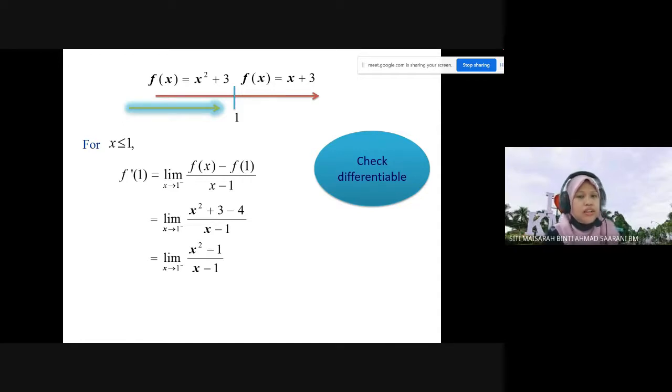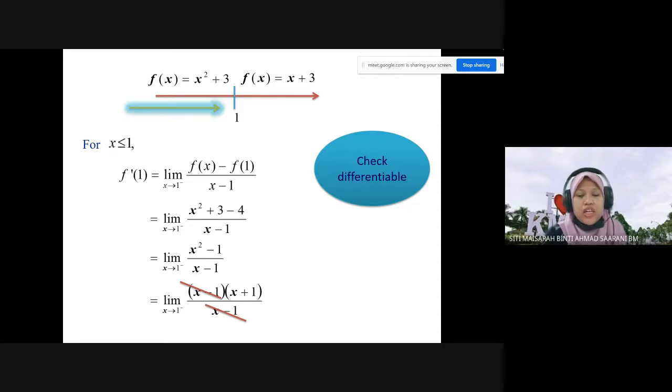So then masalah kita adalah x minus 1 tu kita kena terminate x minus 1. So then we factor x square minus 1, it's become x minus 1 times x plus 1 over x minus 1. So then we can cancel out x minus 1. We get limit x approach 1 from left x plus 1.